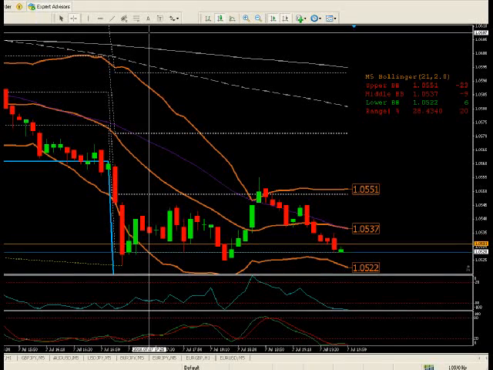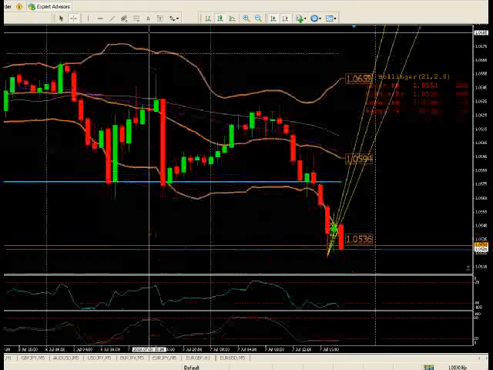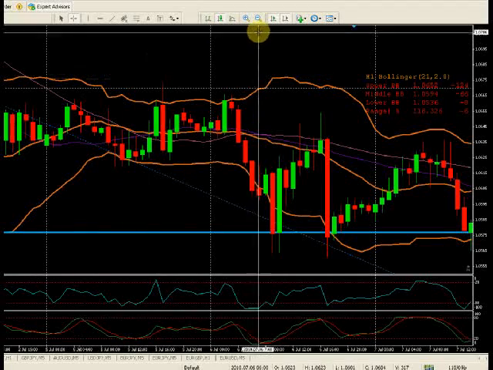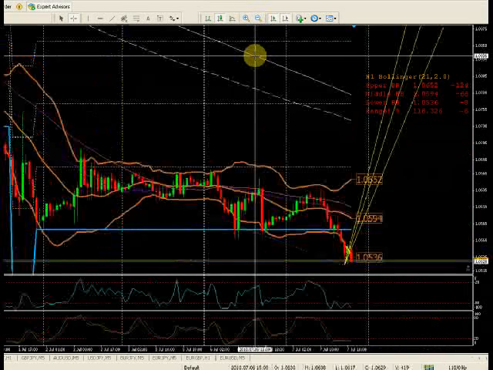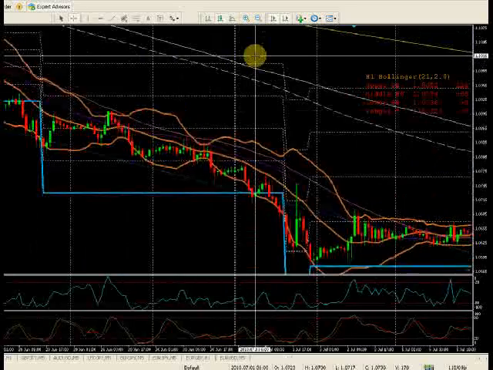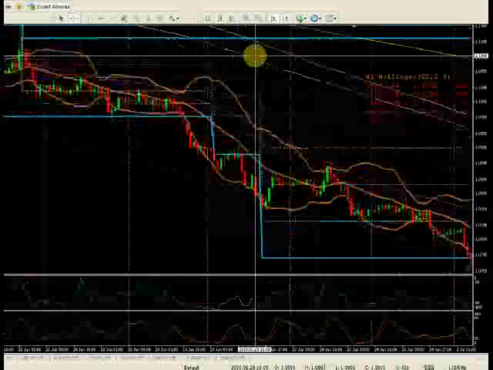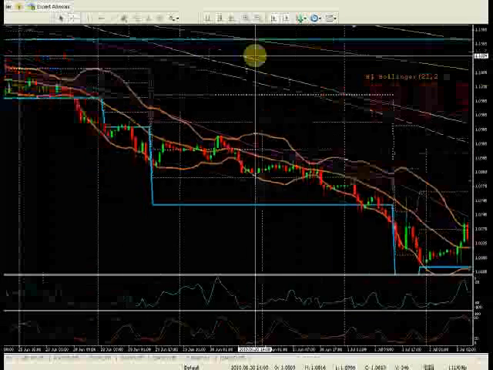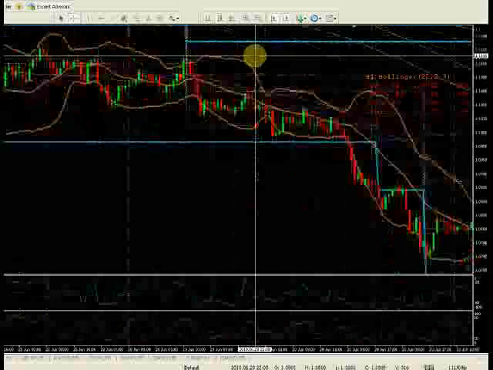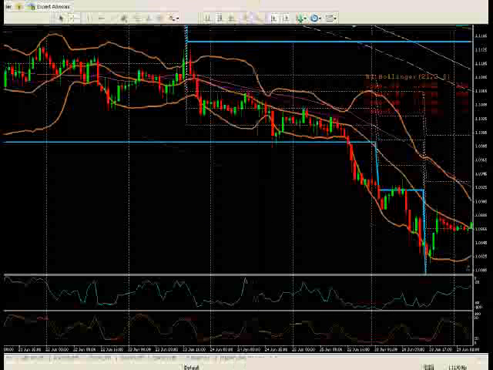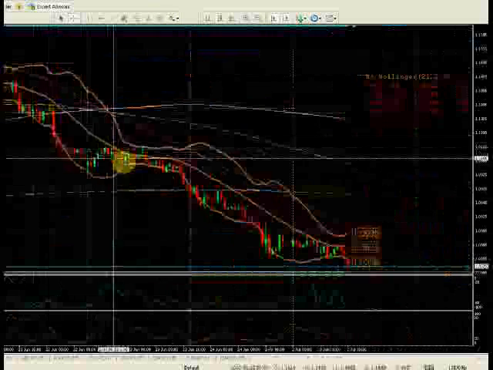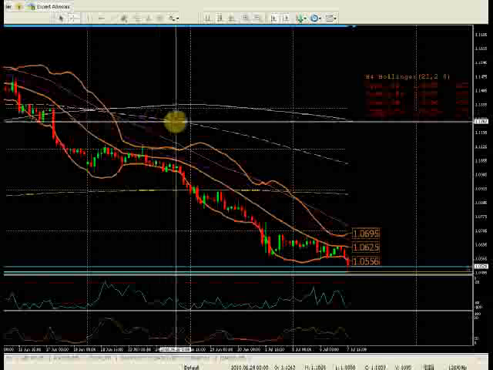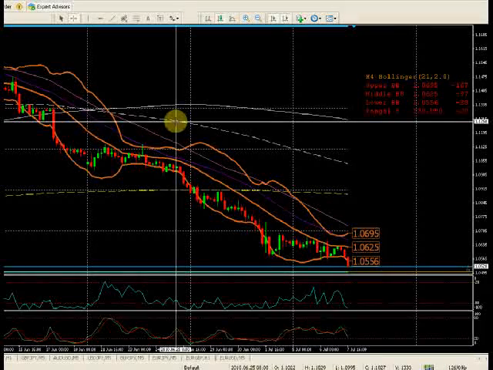So let's continue to look at this dollar Swiss. Let's backtrack here just a tad, and I want to show you something. Now, what do we see here on this 4-hour chart, dollar Swiss?